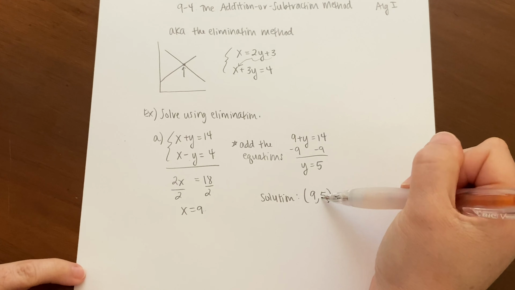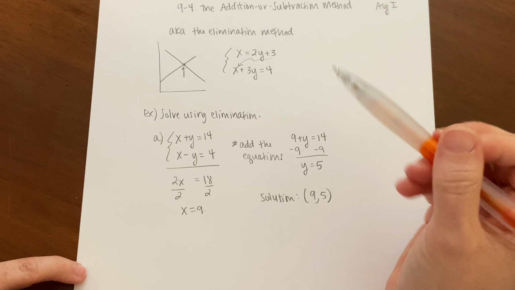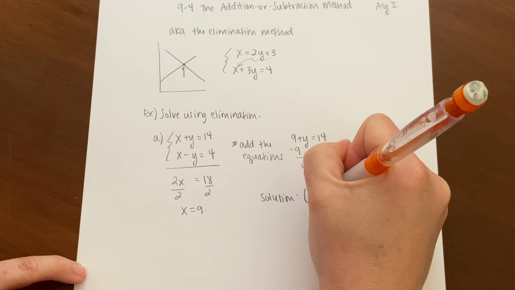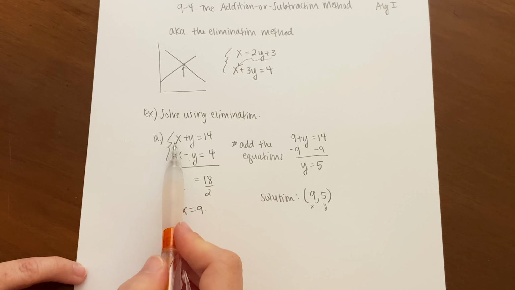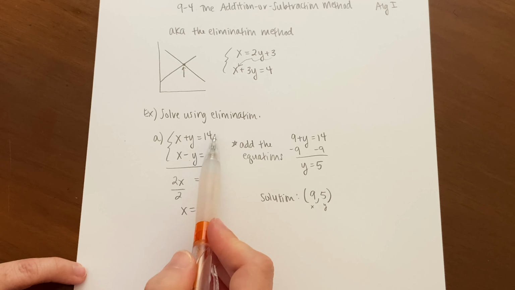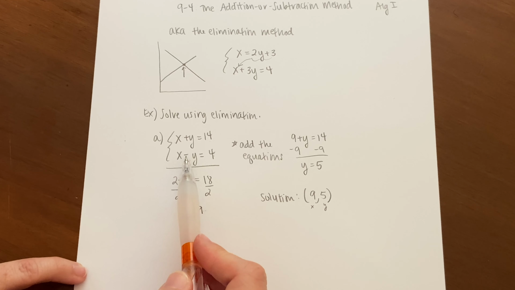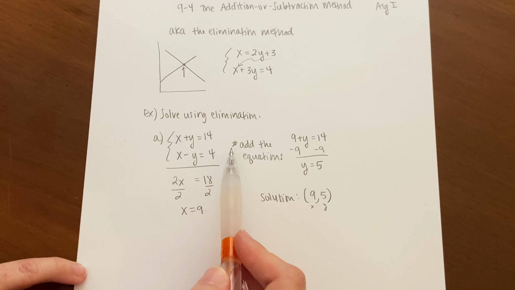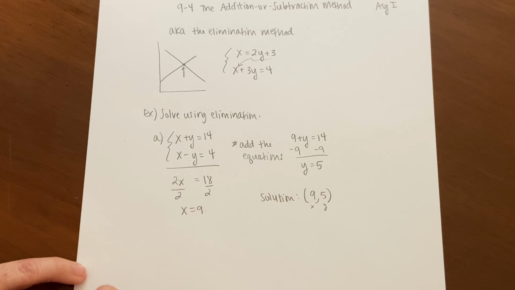If you plug these back into the equations, it should be true in both equations. In the first equation, 9 plus 5 equals 14. That's true. In the second equation, 9 minus 5 equals 4. That's also true. So this solution satisfies both of those equations.